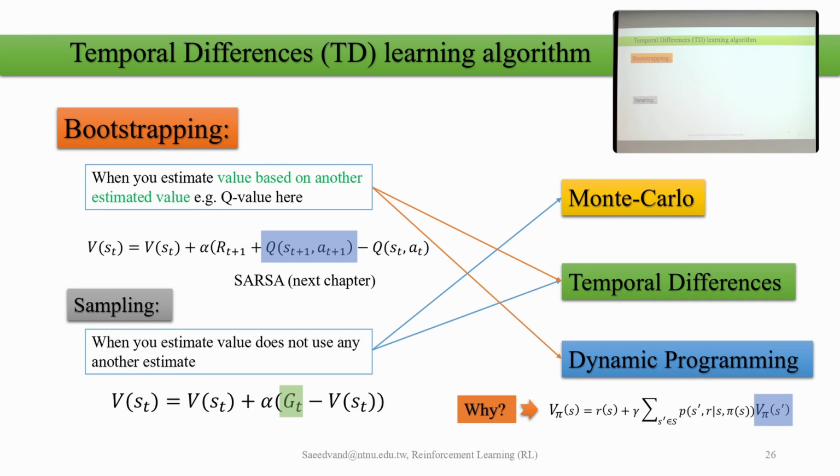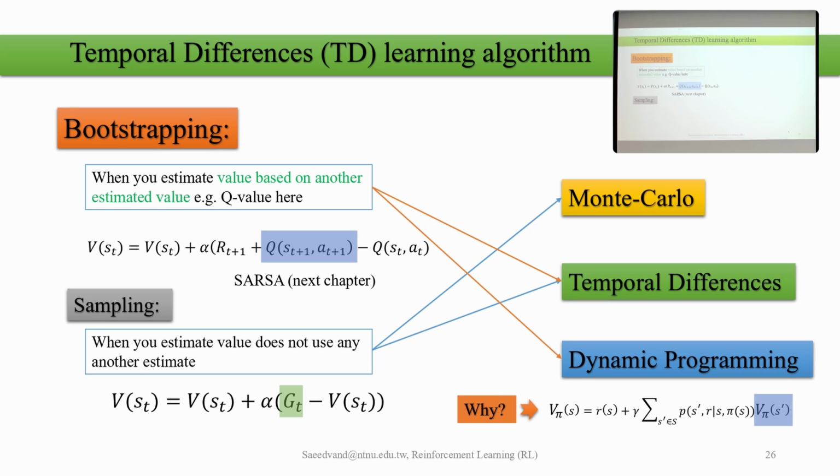As the last topic for this chapter, we have bootstrapping and sampling. As I already explained to you, when you estimate a value based on another estimated value, we call it bootstrapping. What does it mean?